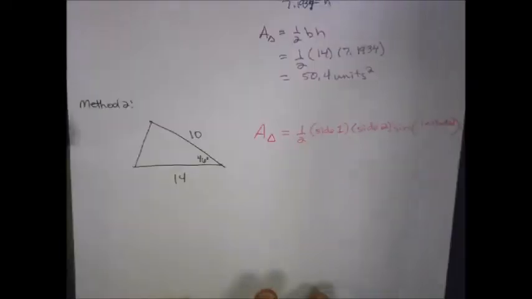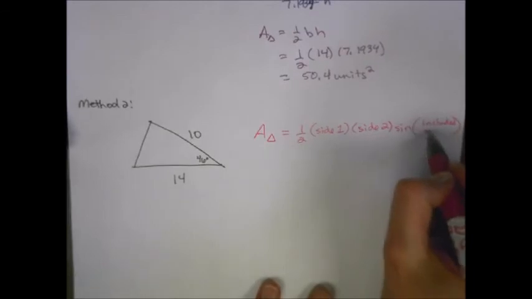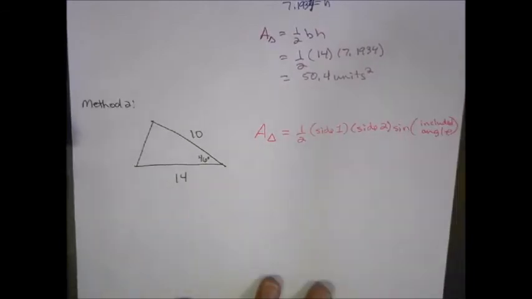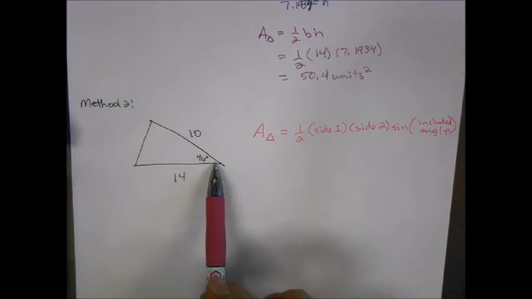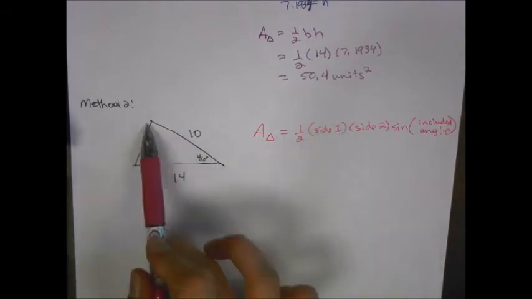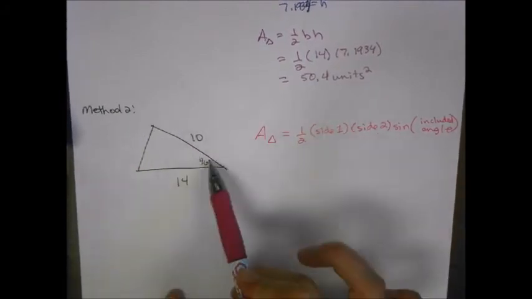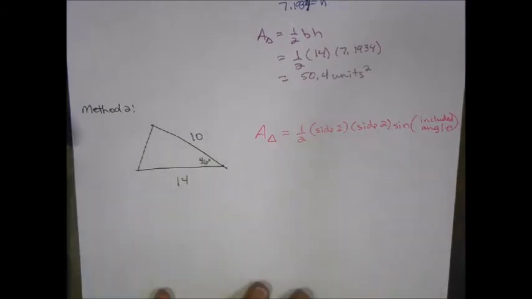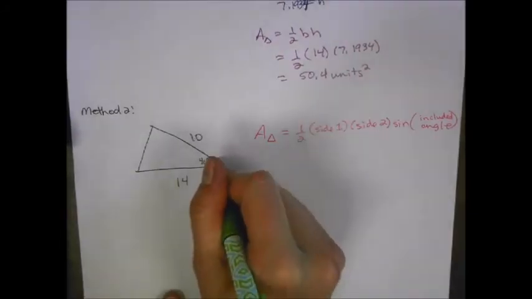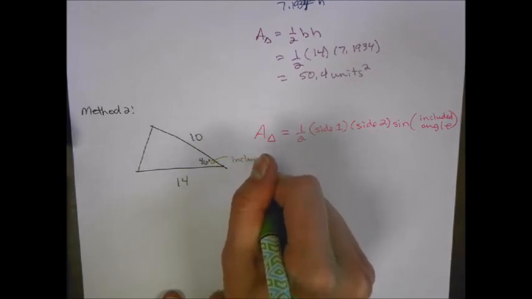Let me zoom out a little. Angle. So I have a side 14, that's side 1. 10 is side 2. 46 is the included angle because it's in between 10 and 14. So we call this the included angle.